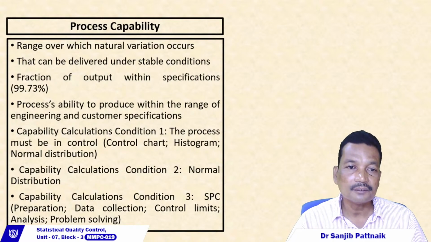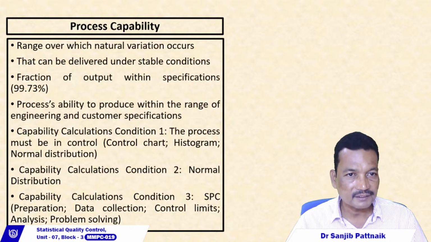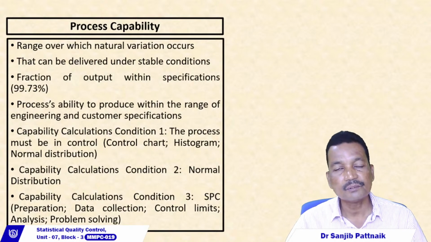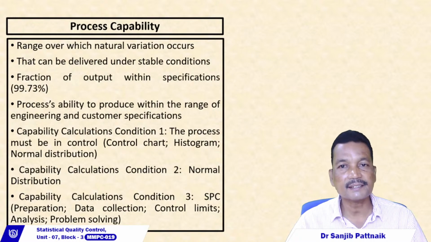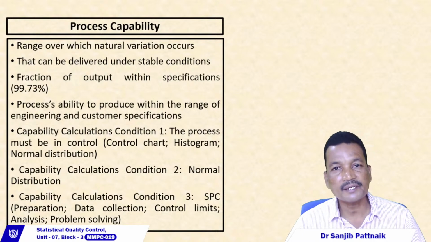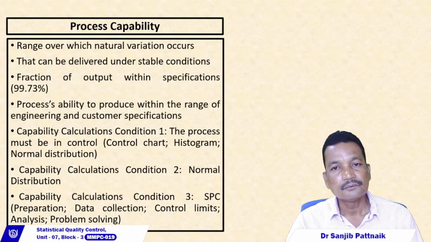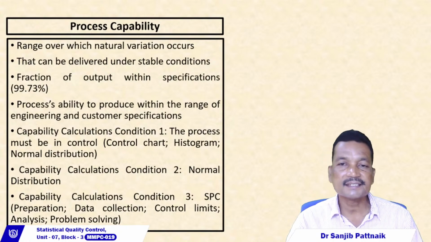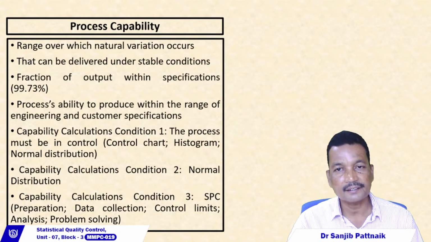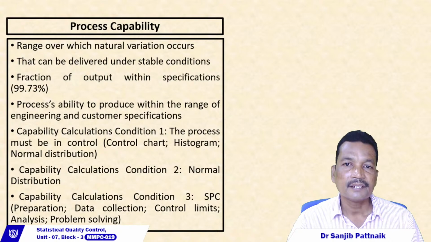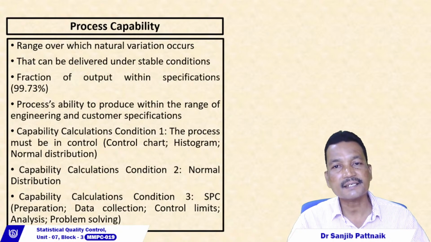For example, just a few moments back, we were discussing an example of a pen consisting of a body and a cap. Now, we know that the diameter of the body of the pen and the diameter of the cap cannot be produced to the exact measurement.